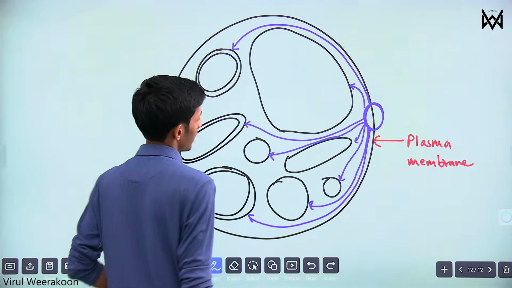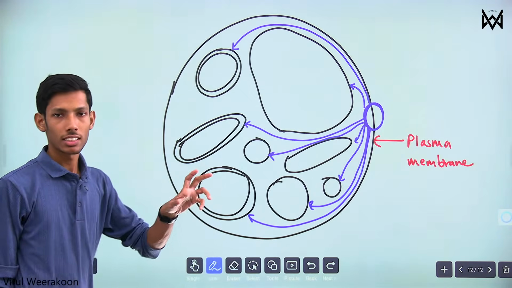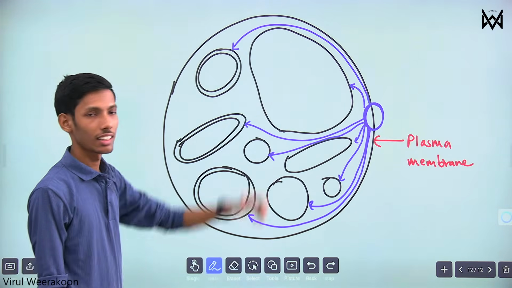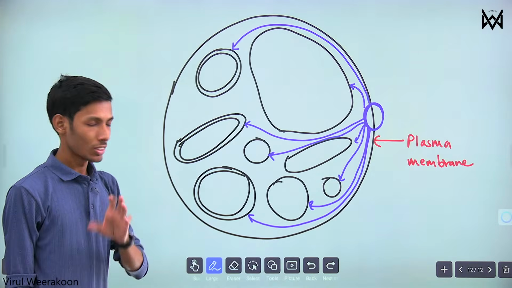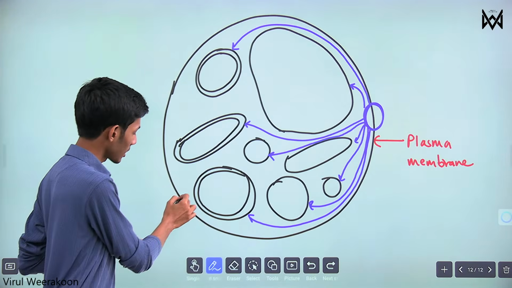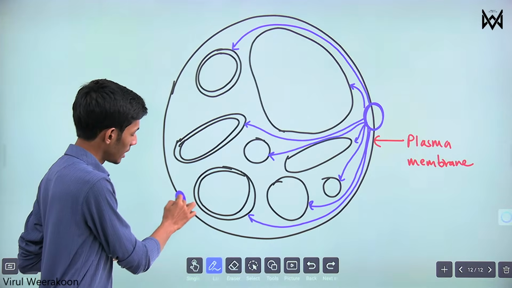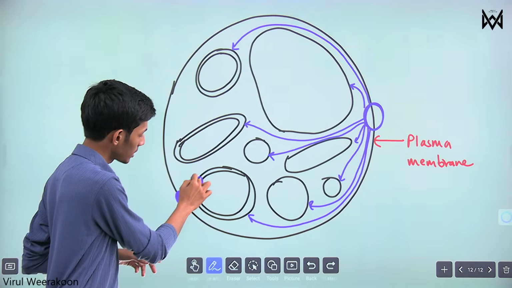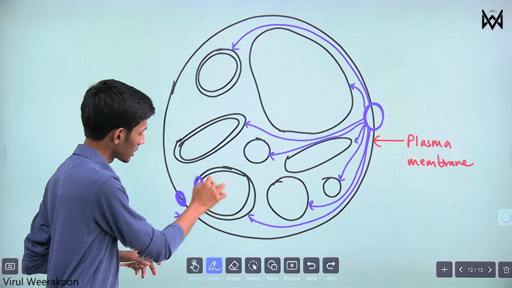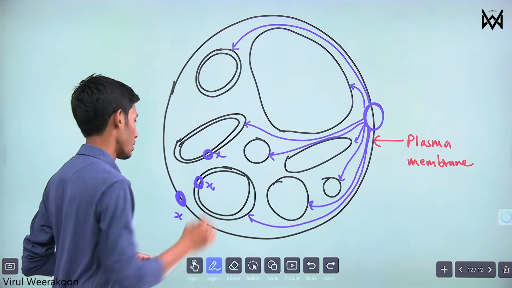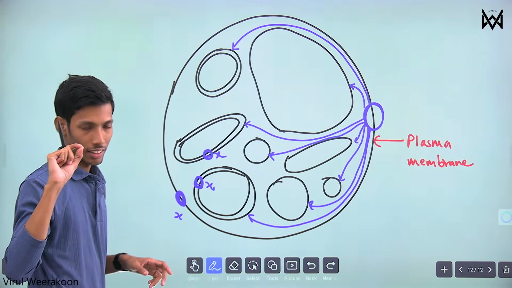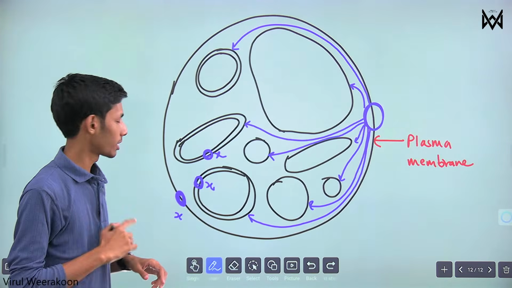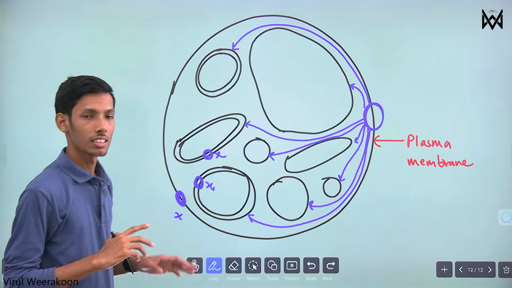Therefore, each and every organelle possesses the same structure that is there in the plasma membrane. If you understand the composition here as X, then the composition here is also X. There can be slight differences, but more than 95% of the time they share the common structure.